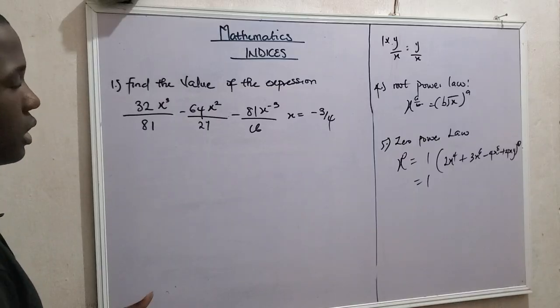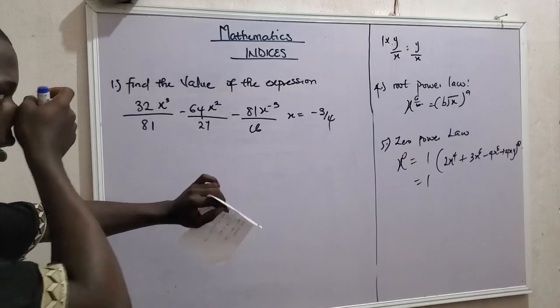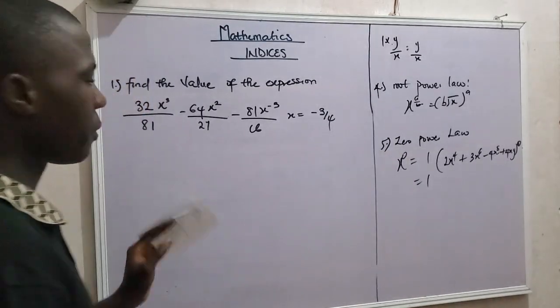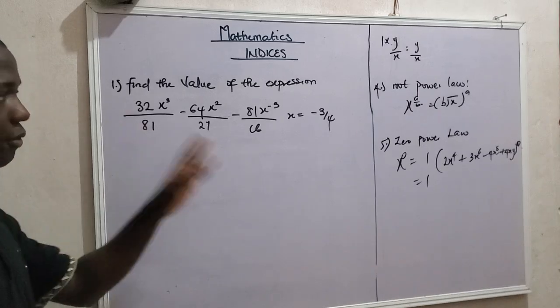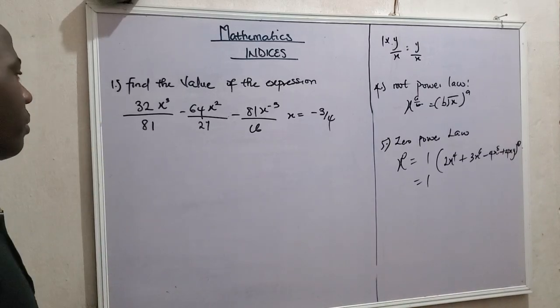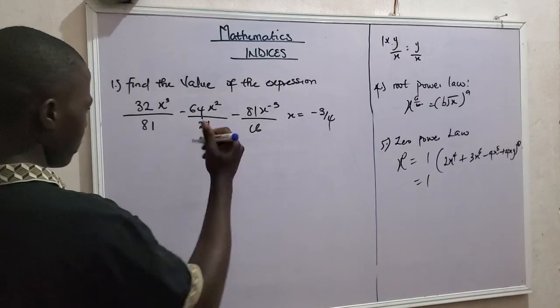Now this question is very simple as you can see. You just do direct substitution here and then we get our answer by applying some few laws of indices in solving the problem. So let's try the solution.